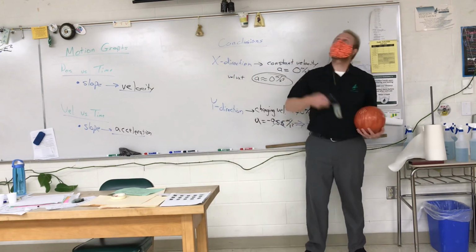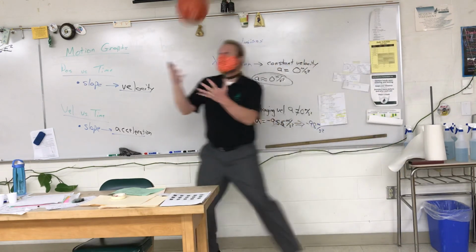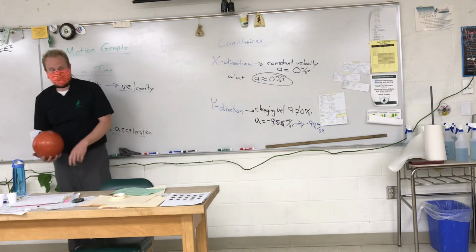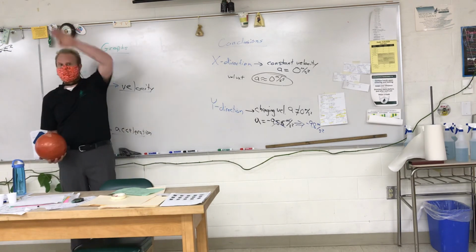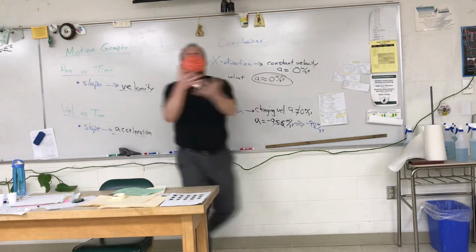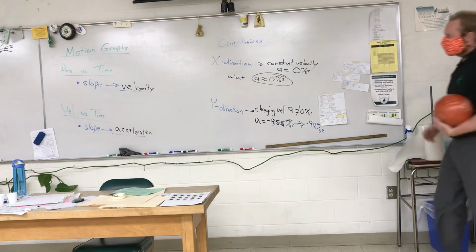Okay, we can also do a 2D motion projectile like this. Okay, that's a 2D motion problem. It's moving through the x and the y simultaneously. It's a projectile motion problem. Got a different input. Okay, it's a 2D motion problem, but it's moving through the air freely in the x and y simultaneously.